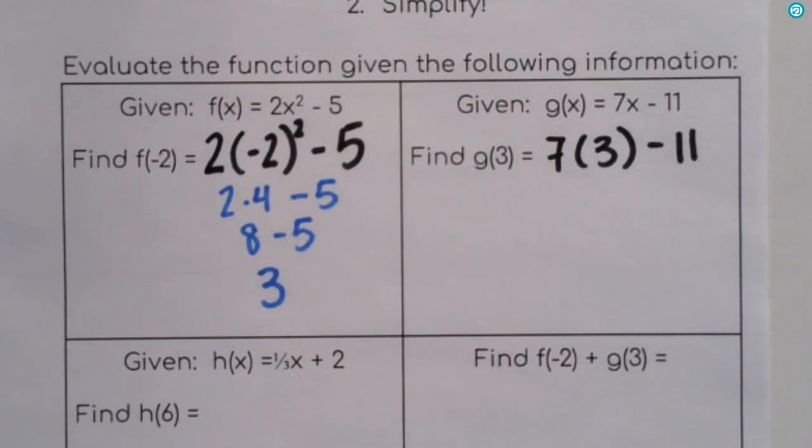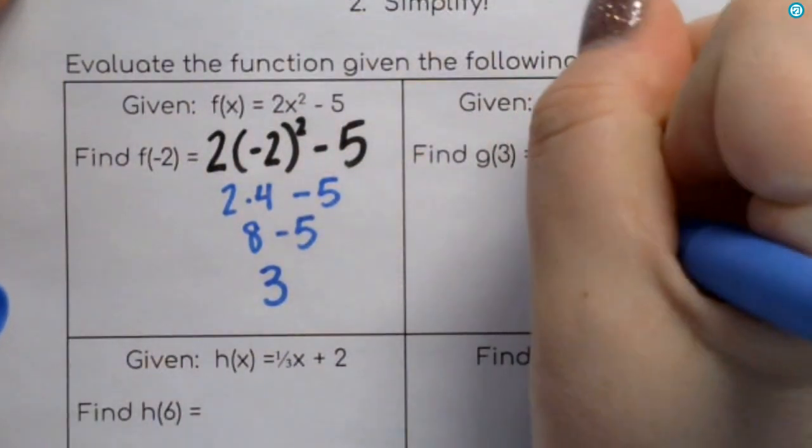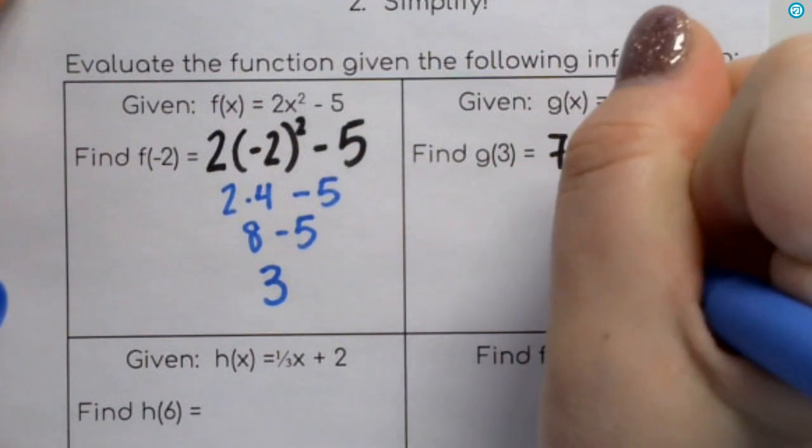Okay, 7 times 3 is 21. 21 minus 11 is 10.